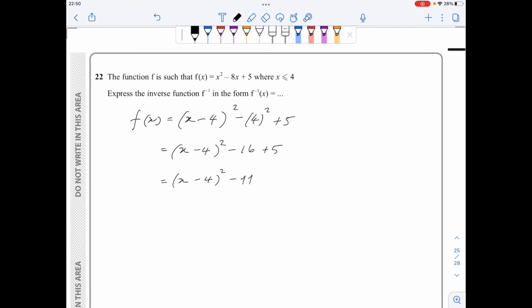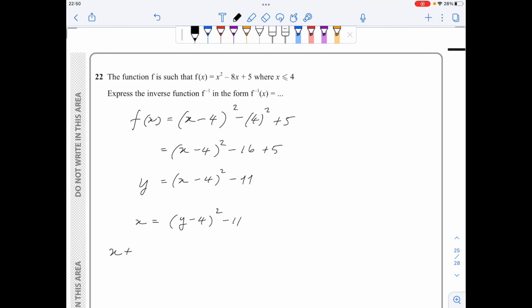Now, I will change the roles of y and x. So here I should have a y. So when I swap the roles, I will get x equals y minus 4 squared minus 11. And now I need to rearrange to get y on its own.